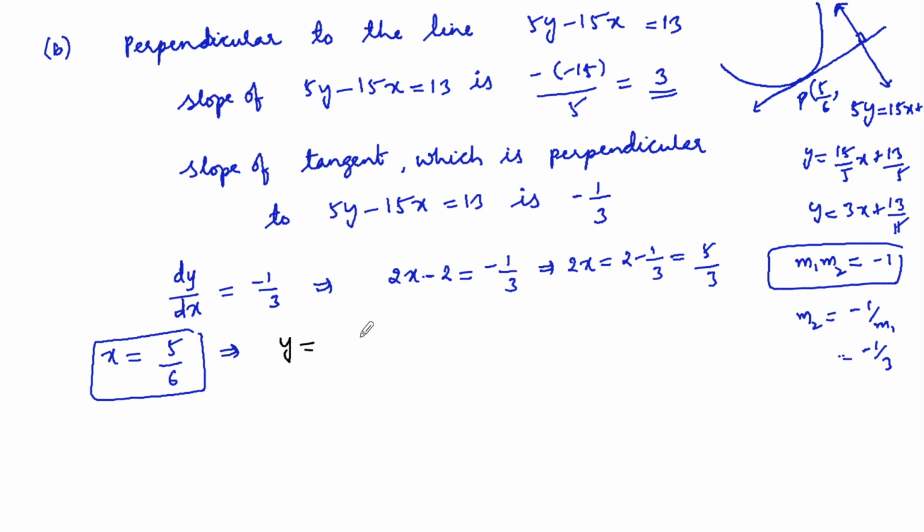So y is equal to x squared minus 2 into x plus 7.